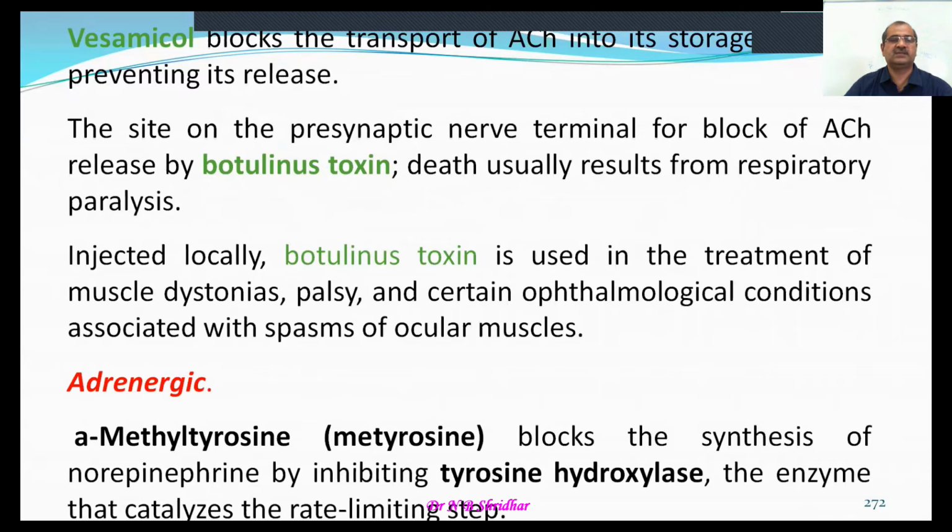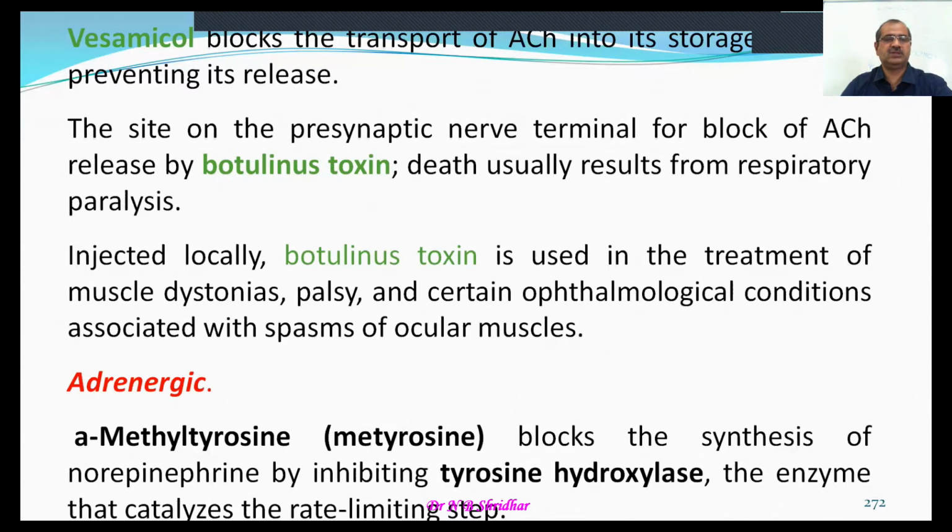The site on the presynaptic nerve terminal is blocked, and the release of acetylcholine is blocked by botulinum toxin. We know that Clostridium secretes varieties of toxins, especially Clostridium botulinum, which releases the botulinum toxin. The botulinum toxin blocks the acetylcholine release from the presynaptic nerve terminal membrane, and death usually occurs from respiratory paralysis.